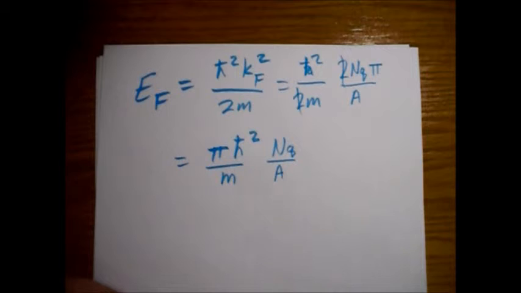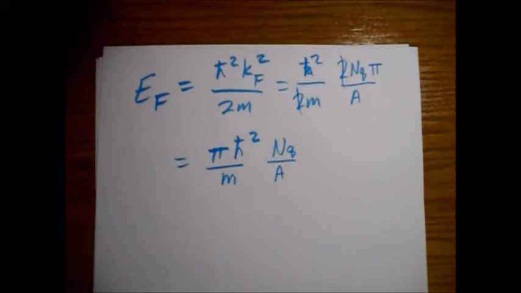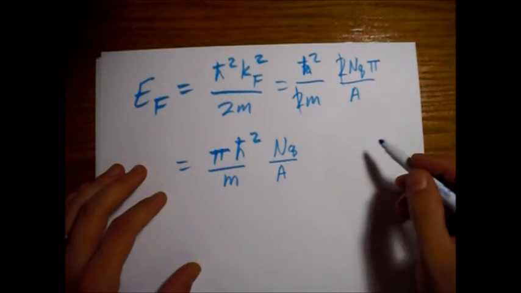So each atom contributes Q free electrons, and N is the number of atoms.